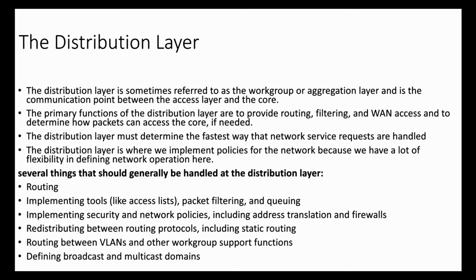Several things that should generally be handled by the distribution layer are routing, implementing tools like access lists, packet filtering, and queuing, implementing security and network policies including address translation and firewalls, redistributing routing protocols including static routing, routing between VLANs and workgroup support functions, defining broadcast and multicast domains. All these things should be done in the distribution layer. So let's go to the next slide and understand the access layer.